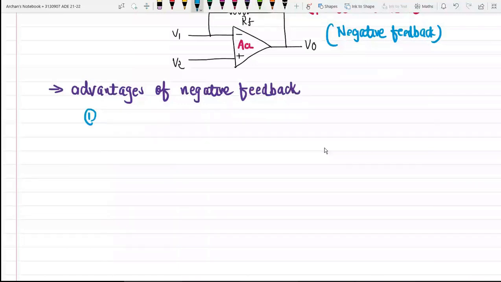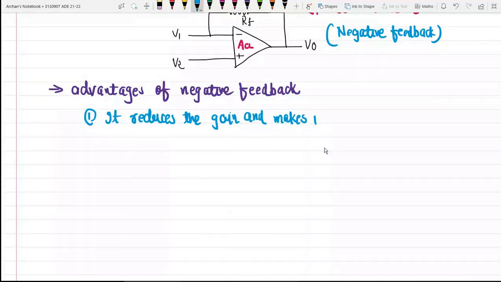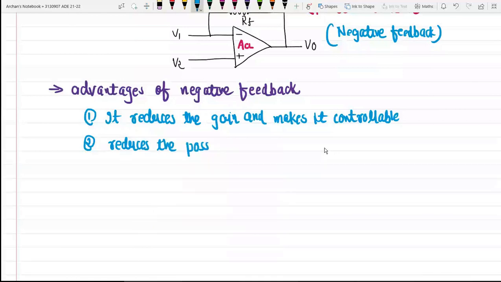The second is that it reduces the possibility of distortion.